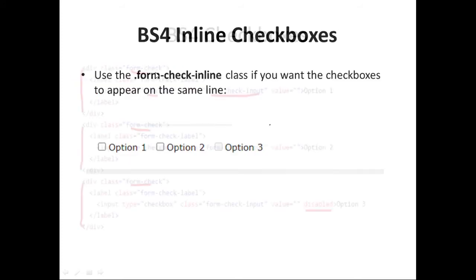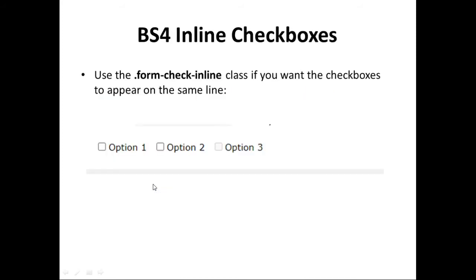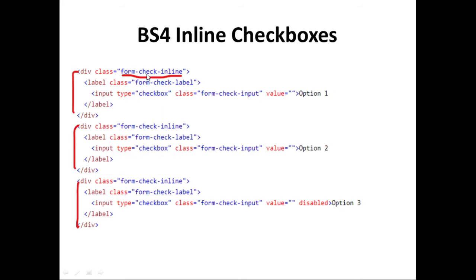Let's try to compare that with the previous one. The previous one, we use form-check, form-check, form-check. But for this one, we use form-check and then just add the dash inline, dash inline, dash inline. Then that's all. That's what's different with this from the previous example.